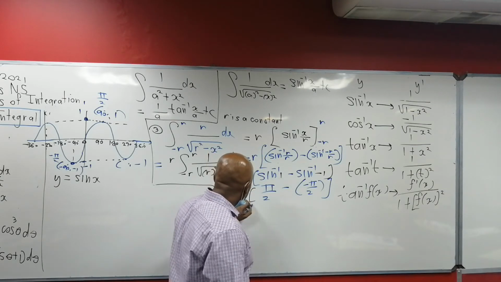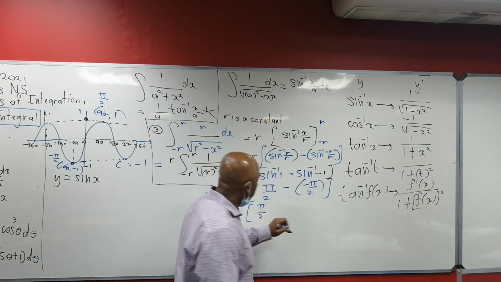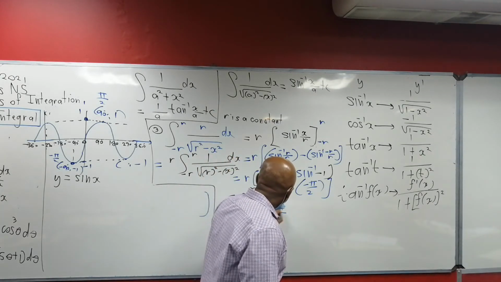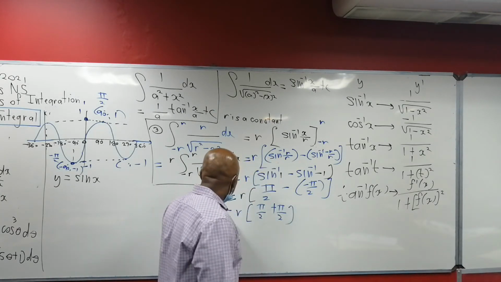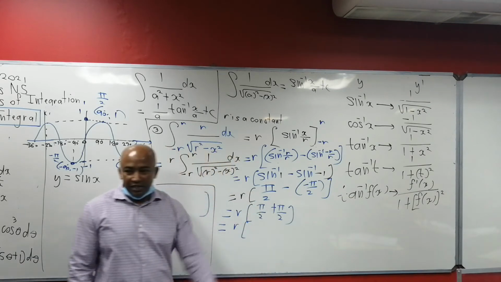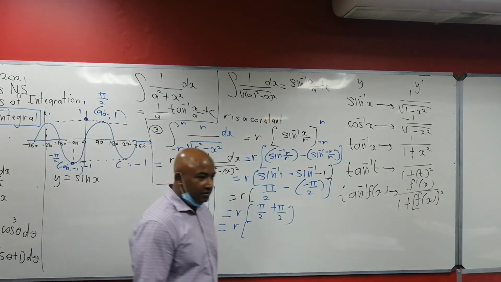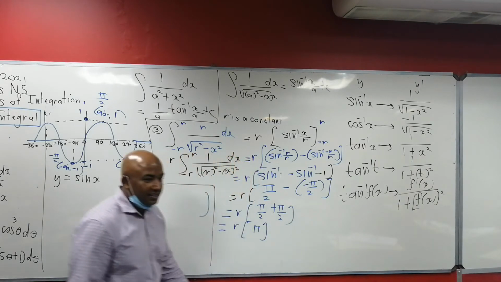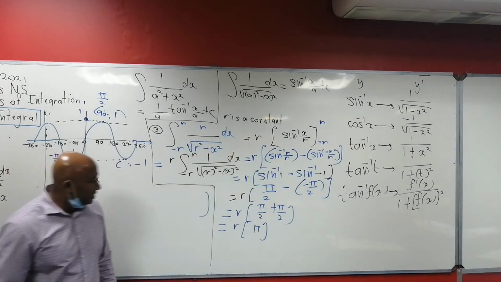I have my r, then I have pi over 2. Negative times a negative will be a positive pi over 2. So you've got half pi plus half pi. That's one full pi. Right. Half plus half is 1.